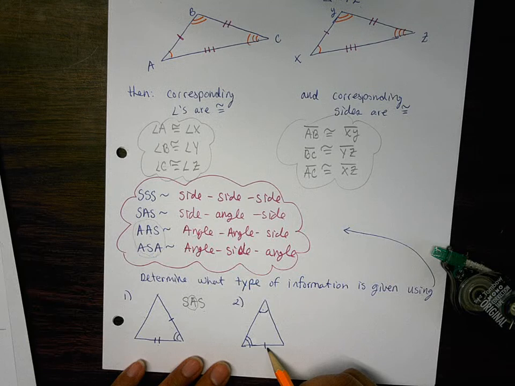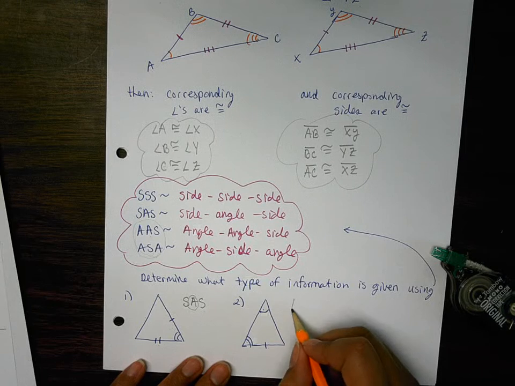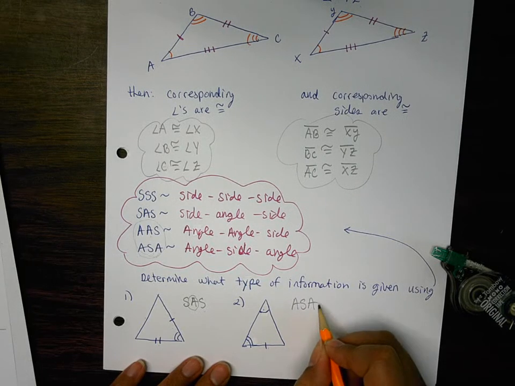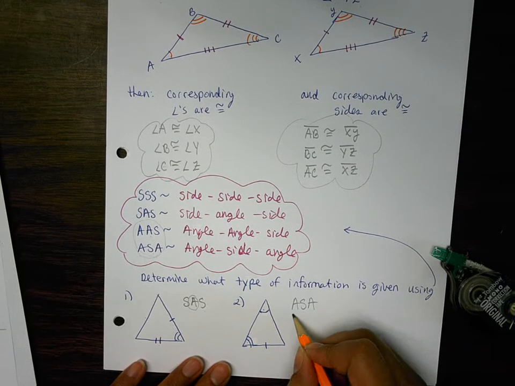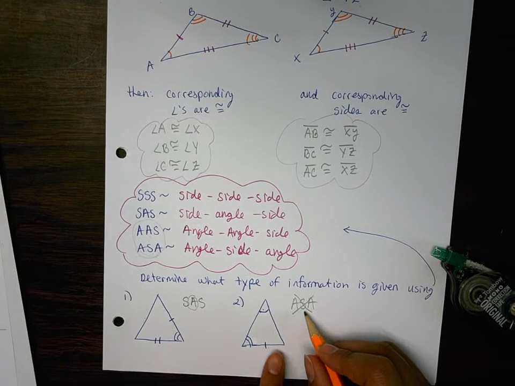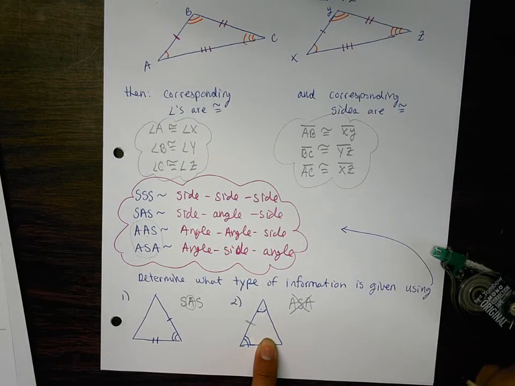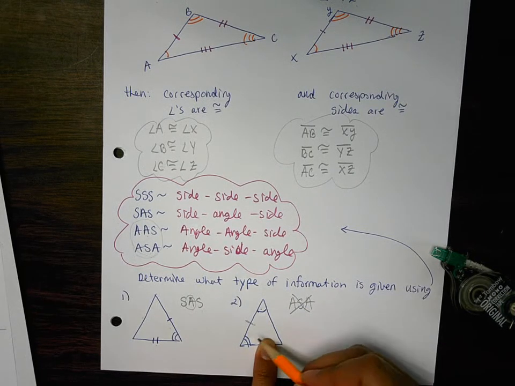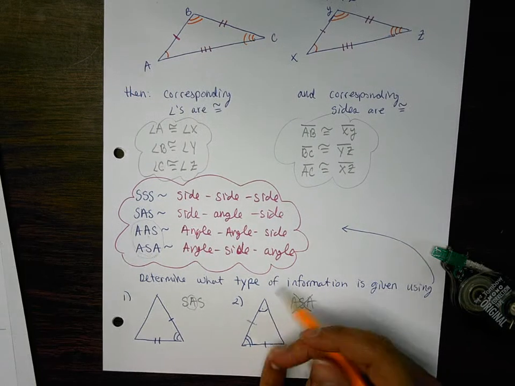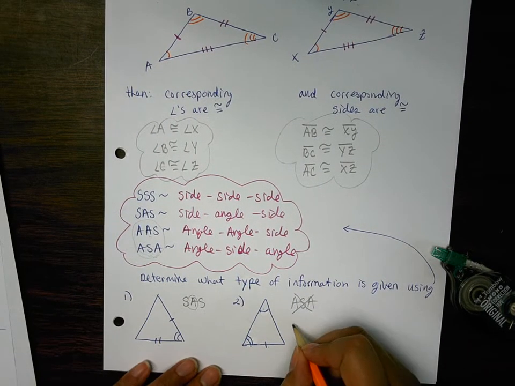Is this side sandwiched or not sandwiched between those two angle markings? Not. So is it okay to say angle, side, angle? No. Saying that is wrong because using angle, side, angle is telling me the side is sandwiched. For example, right there. Would that be angle, side, angle? Yeah. This one would be angle, side, angle. Do you see that? Again, just recognizing how to read it.